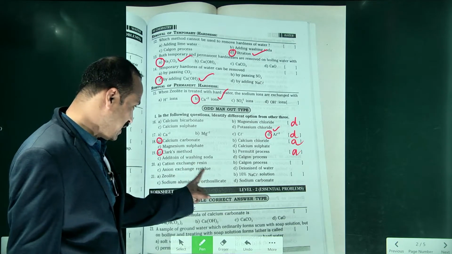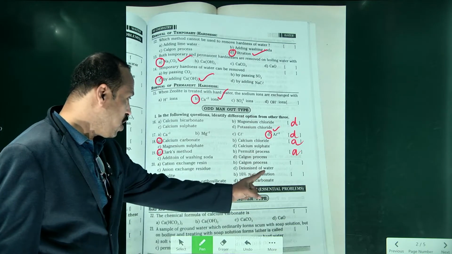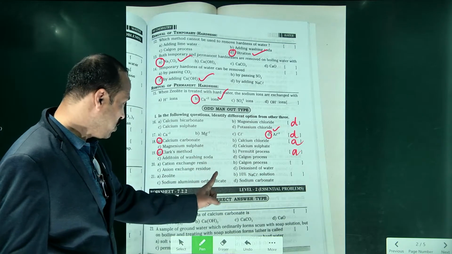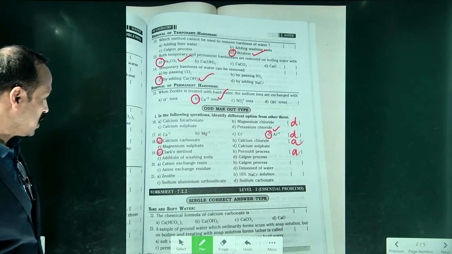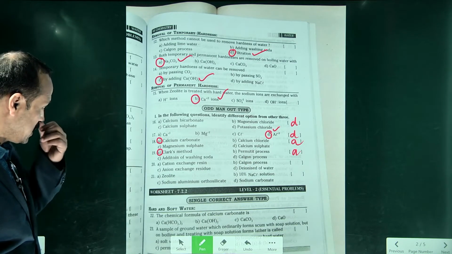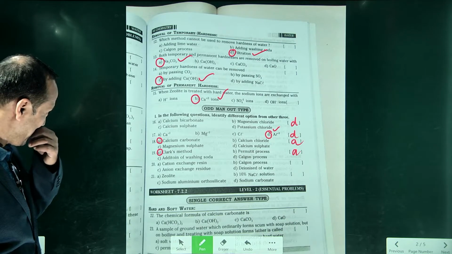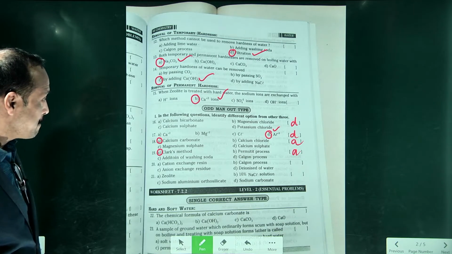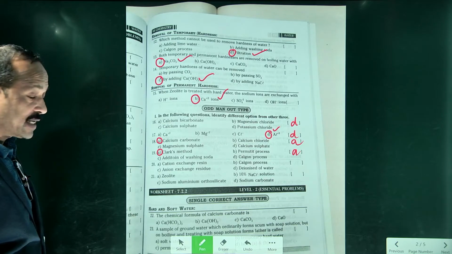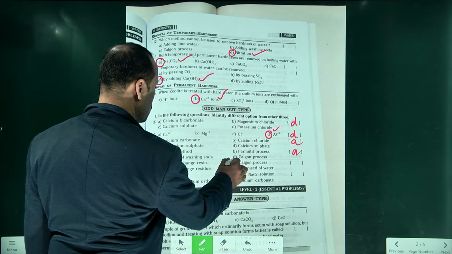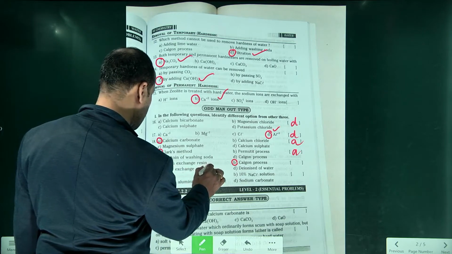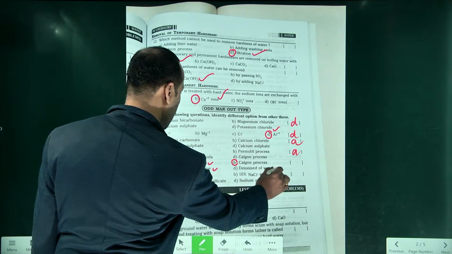Cation exchange resin, Calgon process, anion exchange resin, deionization of water, deionized water. So in this, which is the right answer? B is the right answer. Why? Here you see cation exchange, anion exchange, deionized water.